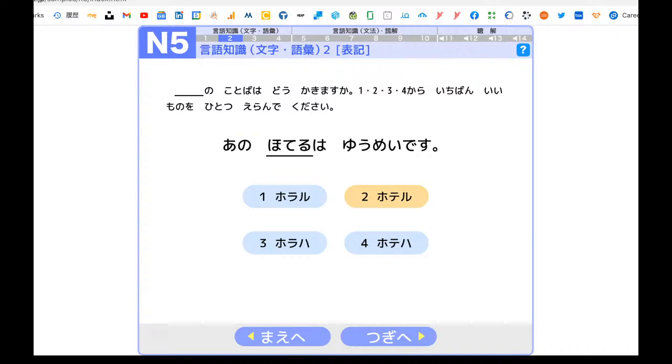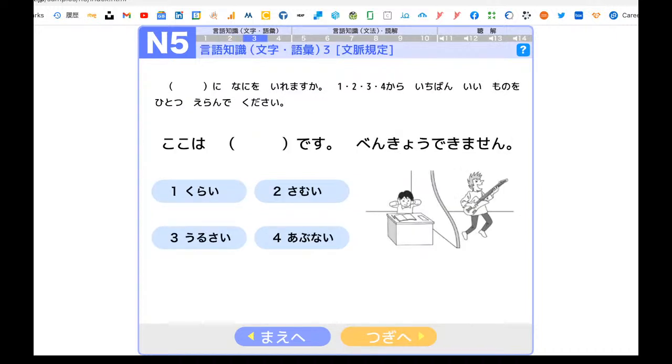Third one. 括弧に何を入れますか？1、2、3、4から一番いいものを一つ選んでください。 So the question is, what would you put in the blank? Please pick the best one from 1, 2, 3, 4. Okay.